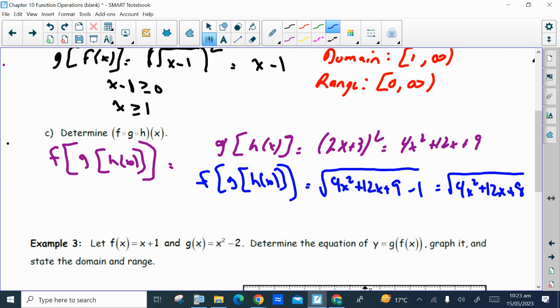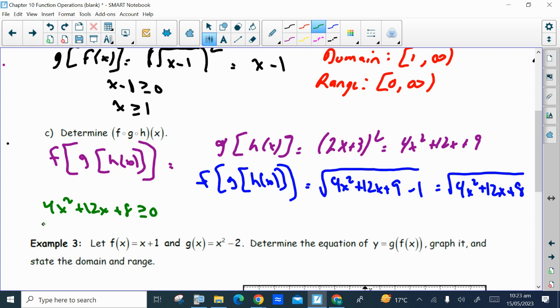And in this case, it doesn't ask us to find the domain and range, but if it did, we could use our calculator. Also, remember the radical part has to be greater than or equal to 0. So 4x squared plus 12x plus 8 has to be greater than or equal to 0.